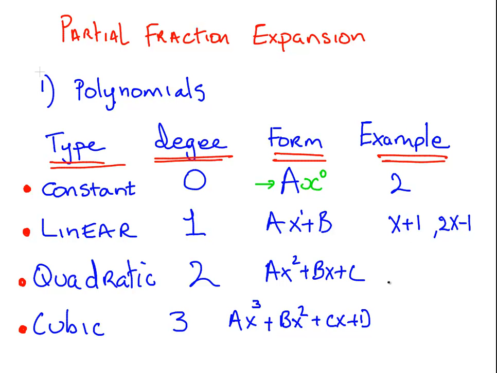A quadratic we all know and love. The highest power there is 2. So for example x squared minus 1, and you could have something like 3x squared plus 6x plus 7, all that sort of thing. And finally, a polynomial of degree 3. The highest power there is 3, ax cubed.